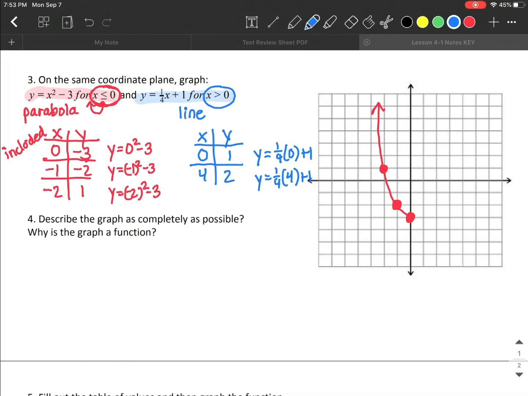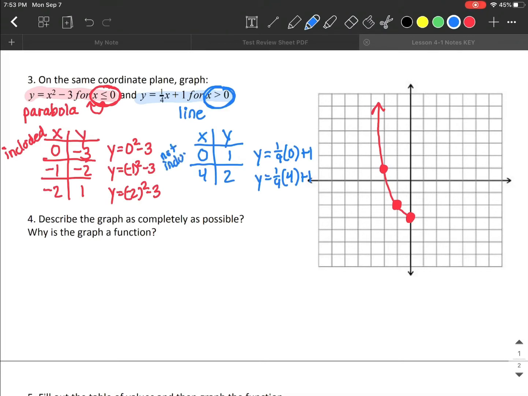Now looking at 0, 1, I want to talk about, because that's the starting point of this piece, is that included or is it not included? And when I look at my interval, I have x is greater than 0, so x is equal to 0 is not included, which means the point where x is 0 is not included.